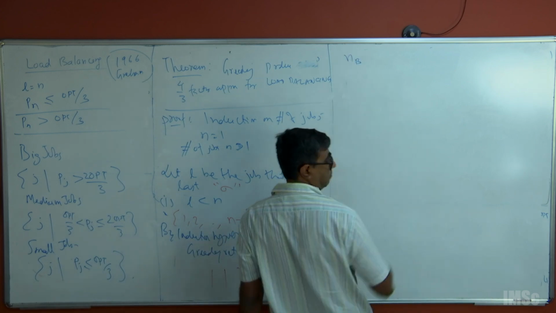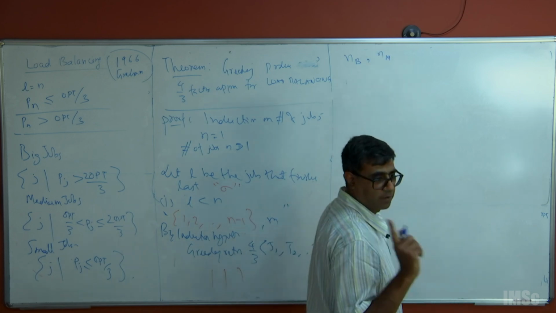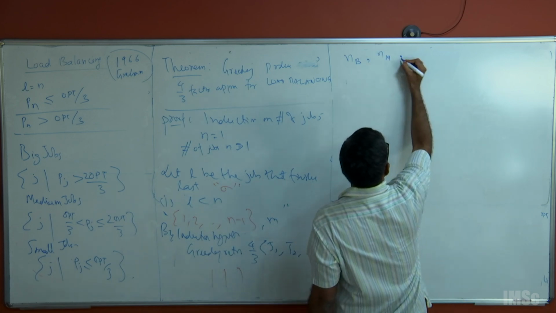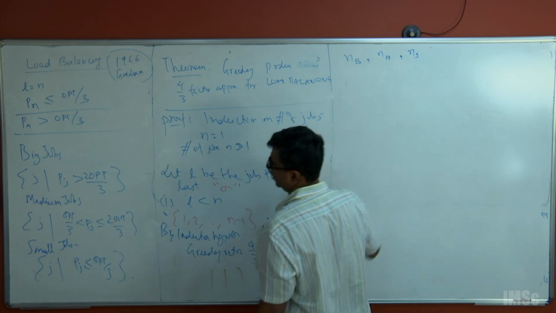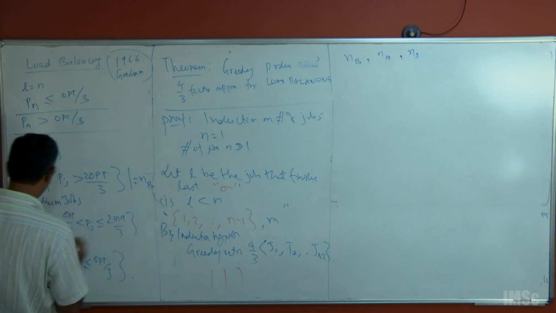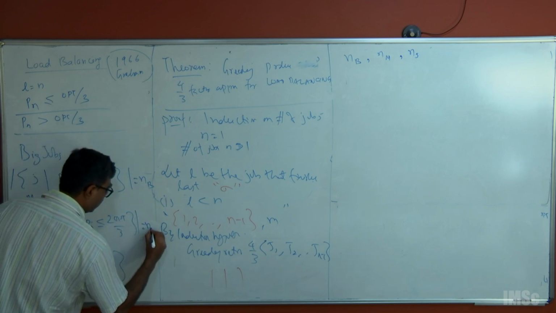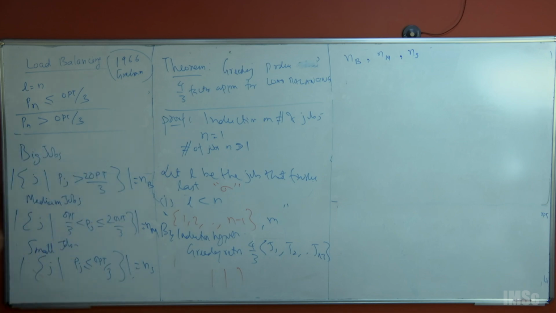So I'm going to define n big as the number of big jobs, n medium as the number of medium jobs, n small as the number of small jobs. So the cardinality of this is n big, of this is n medium, of this is n small, right? Is that fine?